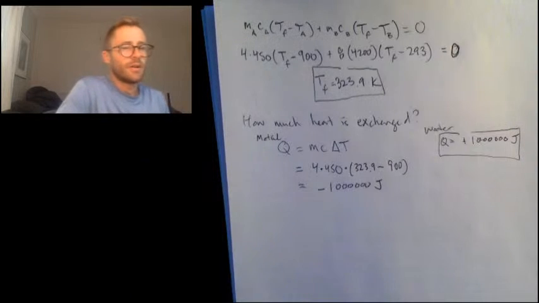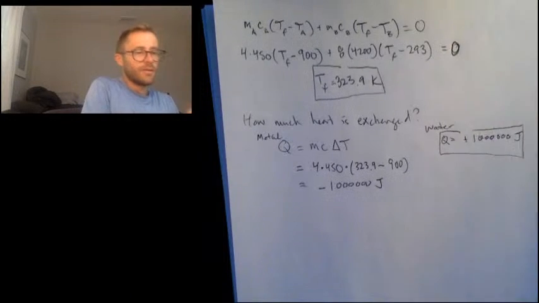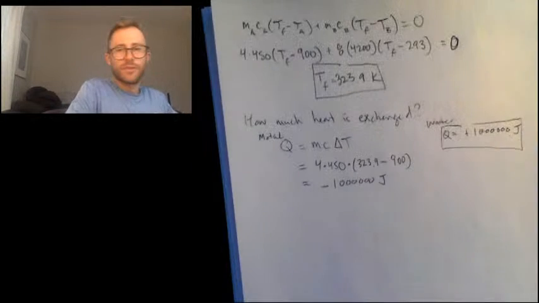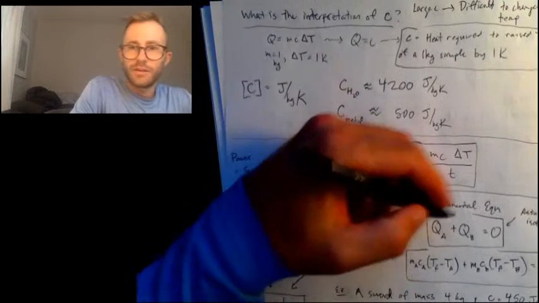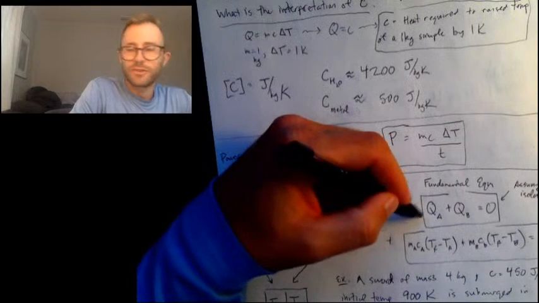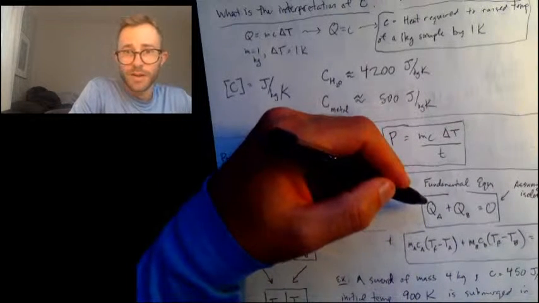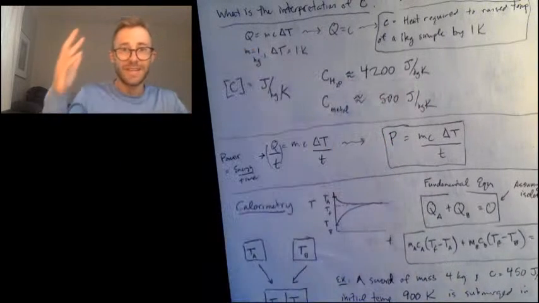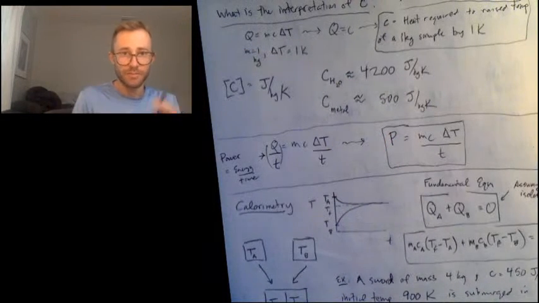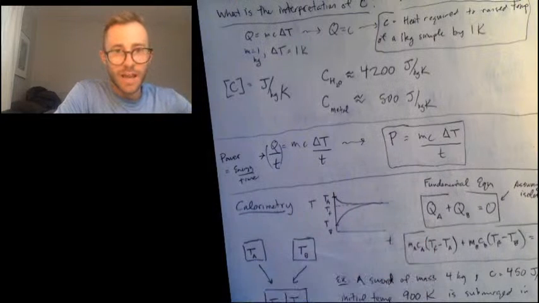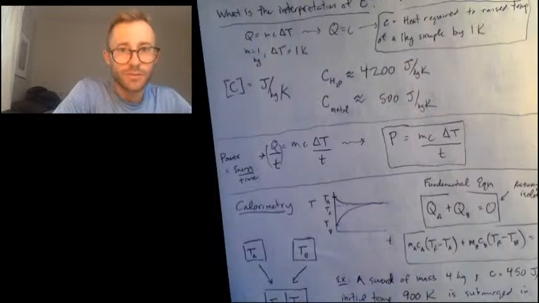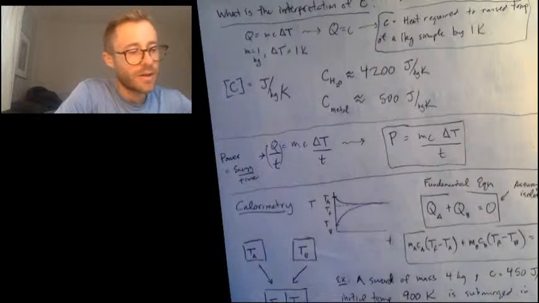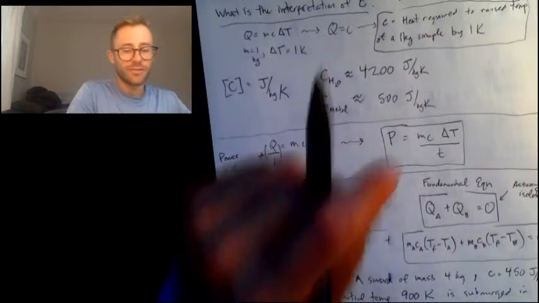So this equation right here is really the statement of conservation of energy. Okay, it's saying that heat is a form of energy. If one thing gains heat, then the other thing must lose heat. But this is assuming an isolated system.